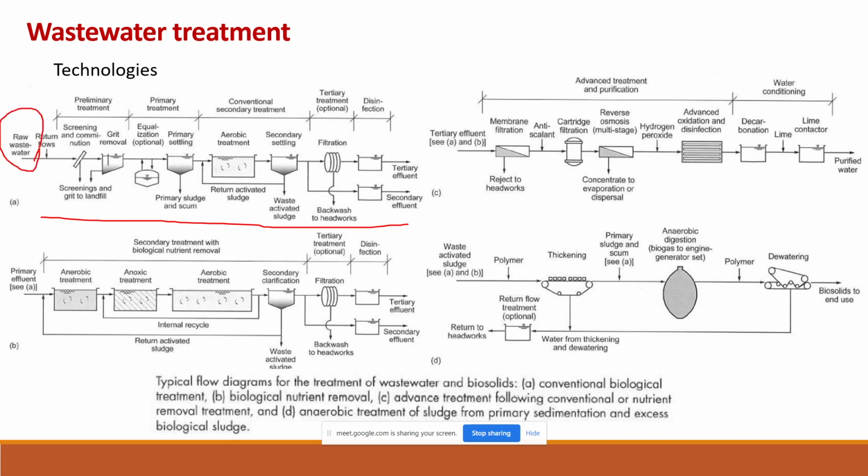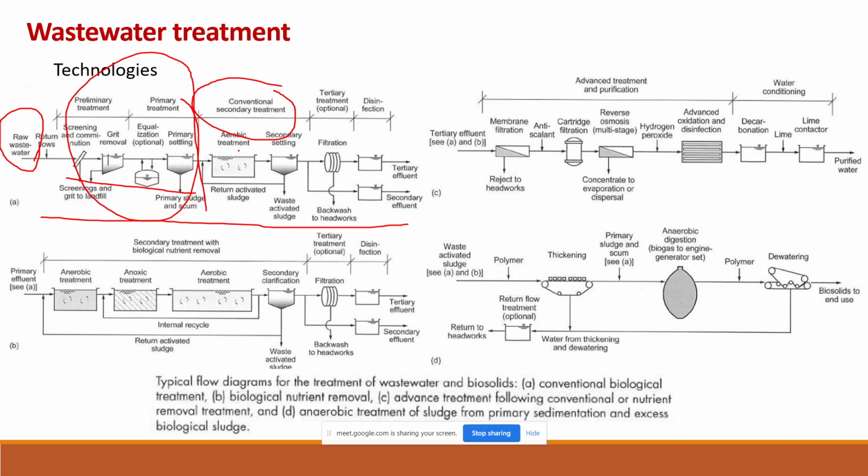Raw wastewater comes in, then you have screening and grit chambers and primary settling tanks. So this is basically your primary treatment. After primary treatment, there is conventional secondary treatment. Say the activated sludge process, the conventional treatment process, also called CAS. You'll find it in most theories and textbooks. It is a conventional process that was employed for secondary treatment of wastewater.